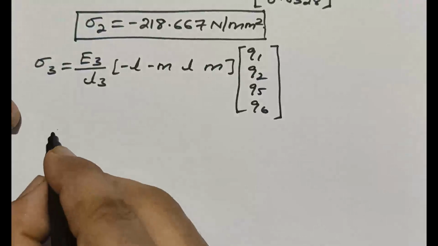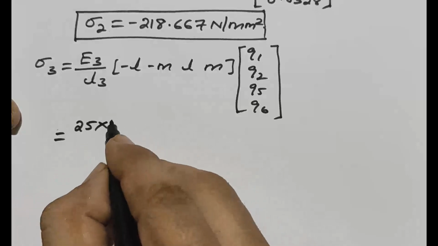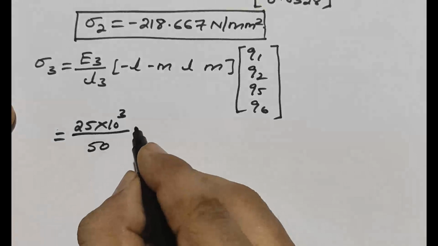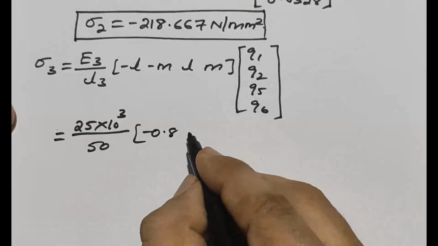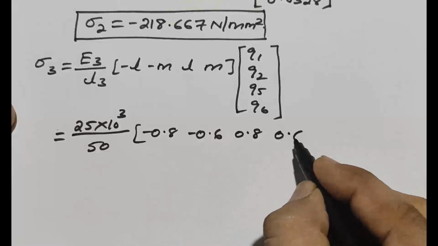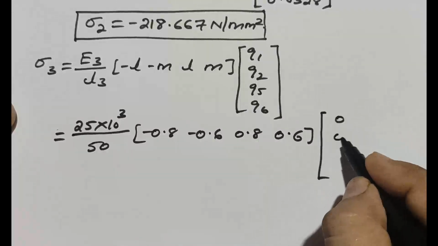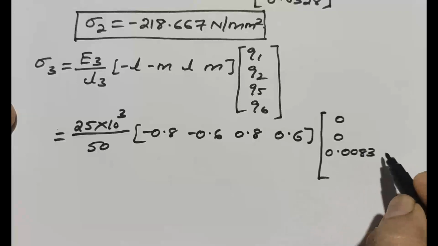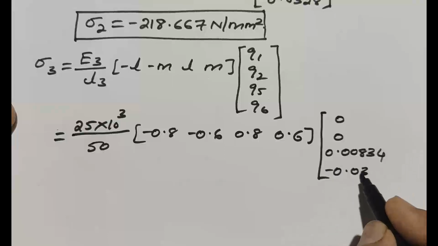We will substitute the given values. E3 is 25 into 10 power 3, length is 50, minus L is minus 0.8, minus M is minus 0.6, L is 0.8, M is 0.6, into Q1 is 0, Q2 is 0, Q5 is 0.00834, Q6 is minus 0.0328.